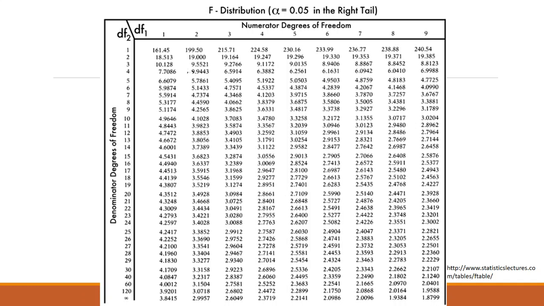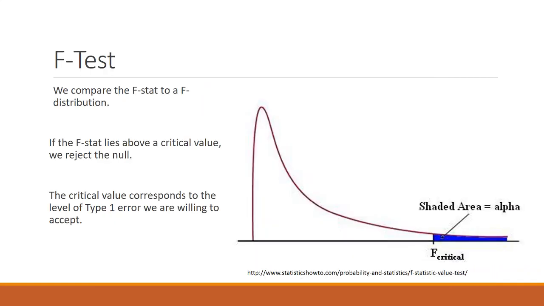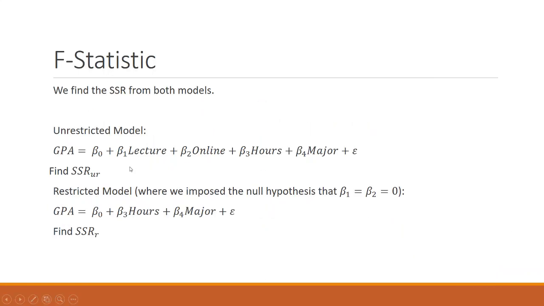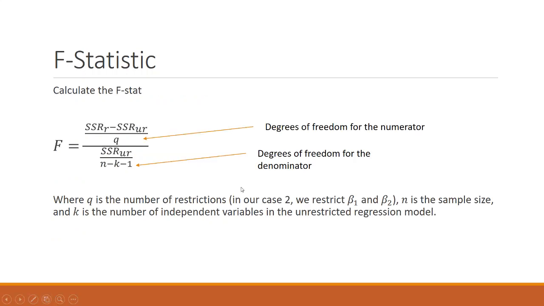Let's say our sample has 300 observations, so n equals 300. k is the number of independent variables in the unrestricted model. What's our unrestricted model? That's this one. How many independent variables do we have? 1, 2, 3, 4. So k is 4. What's the degrees of freedom for the denominator? It's 300 minus 4 minus 1, so it's 295. And the degrees of freedom for the numerator is 2, because we have 2 restrictions.